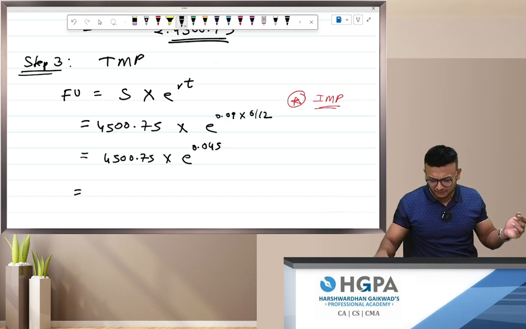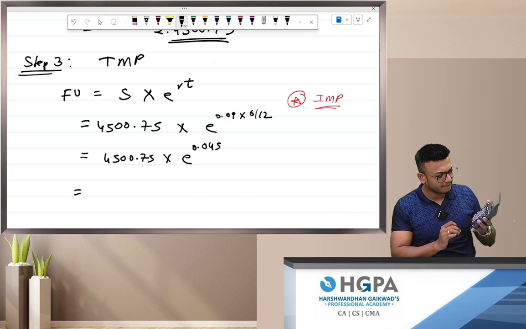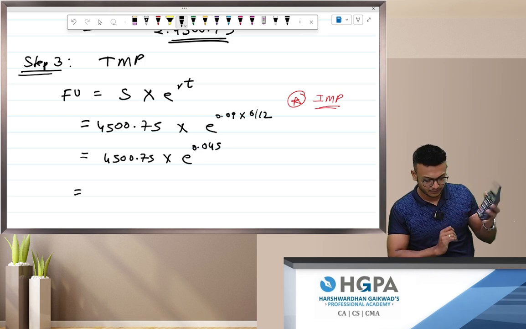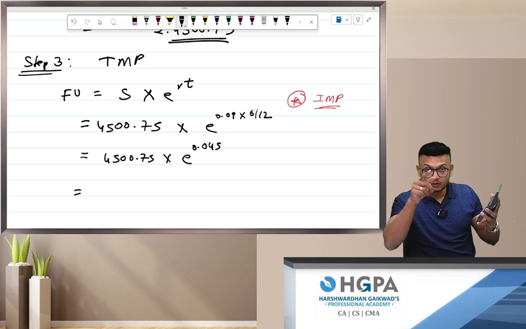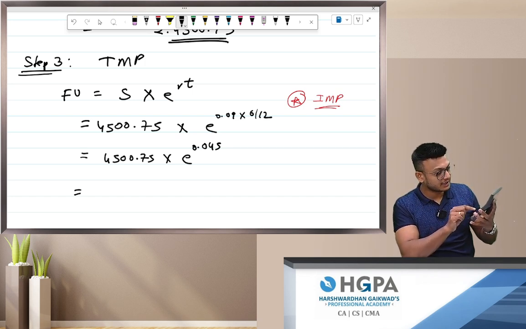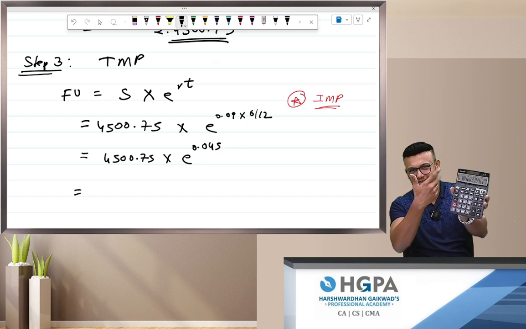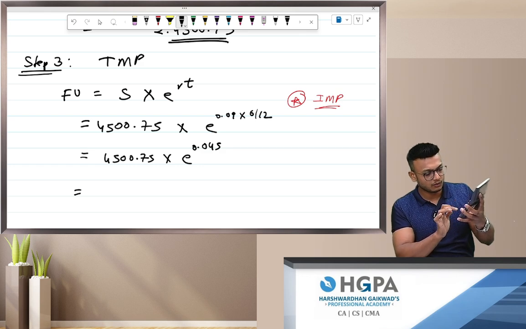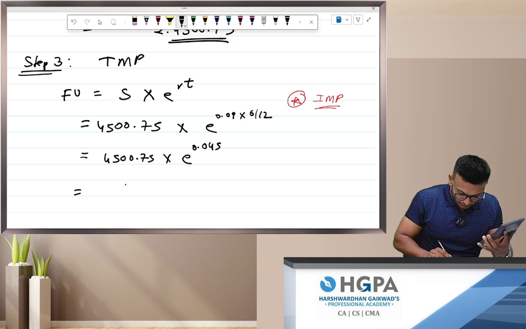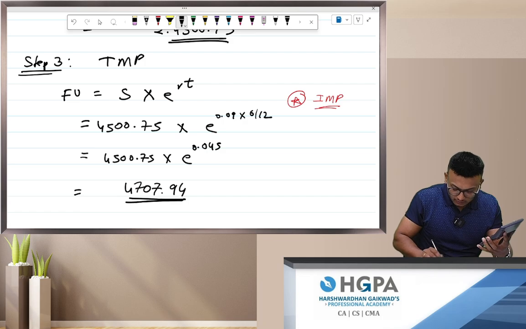Now our usual stuff: 2.7183 raised to the power 12 times (1 plus 0.045 under root 12, minus 1) plus 1, to the power 12. So 1.04603336 is the number, into 4500.75, and I get an answer of 4707.94. This is the answer that I'm getting.